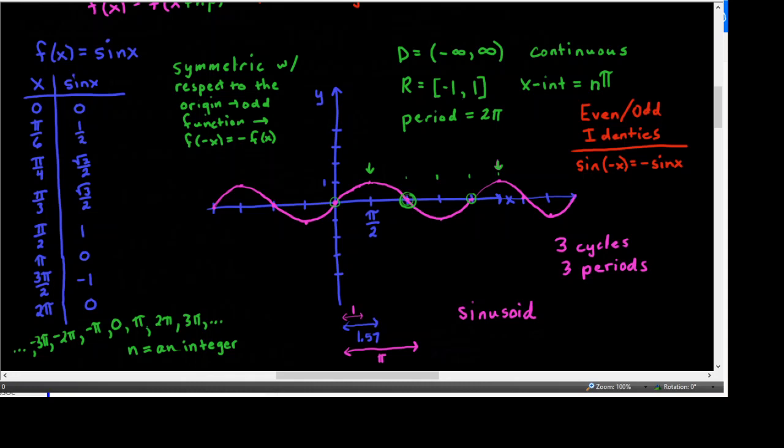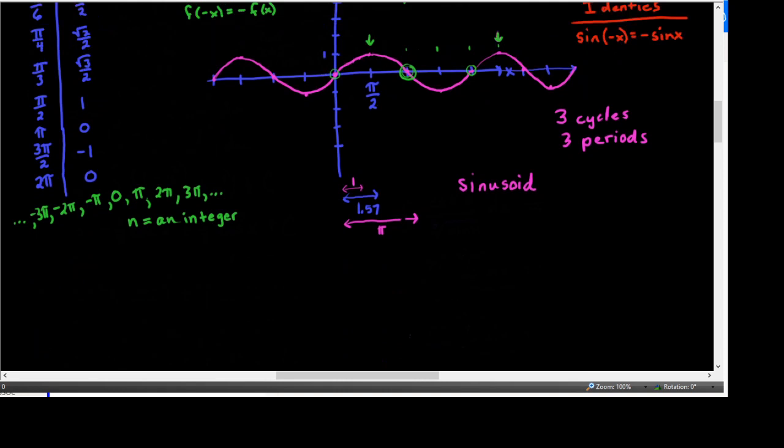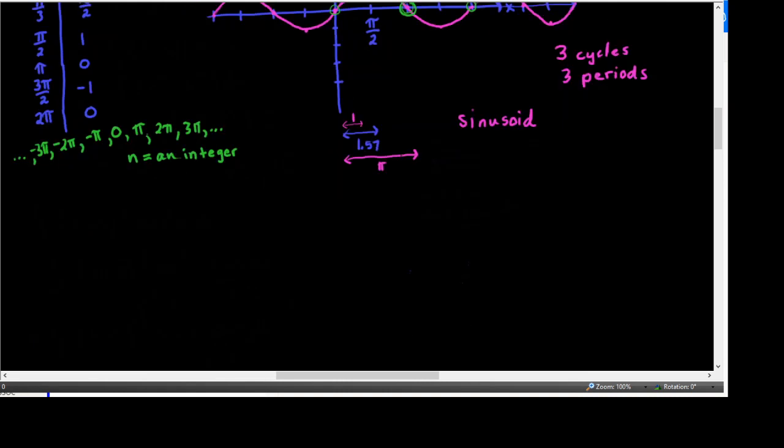Some of the trig functions will be odd, some will be even, and we'll discover those as we go. Okay, now just what does it mean for a function to be symmetric with respect to the origin? Let's talk a little bit about that before we get too far away from this graph. I want you to be able to see it.